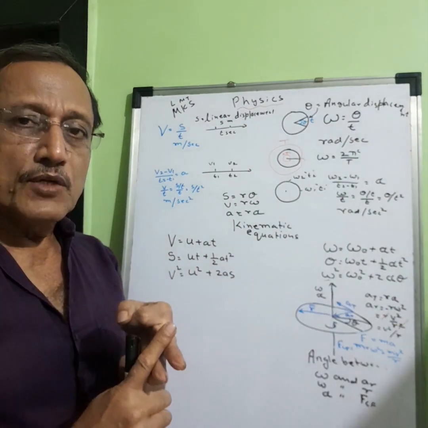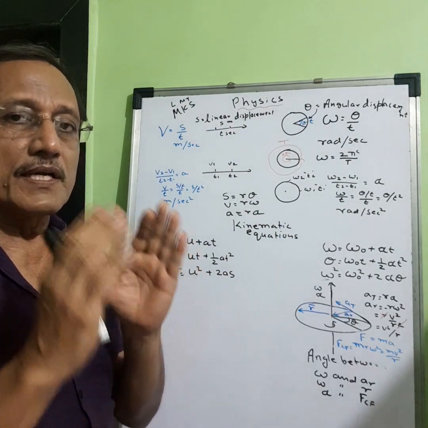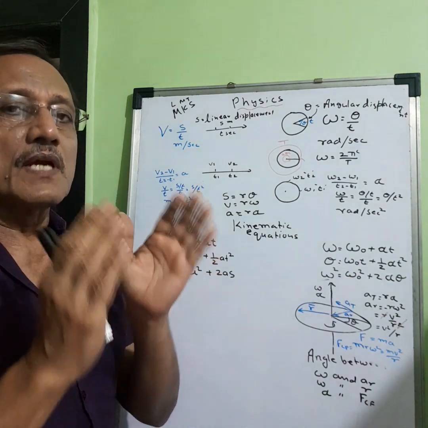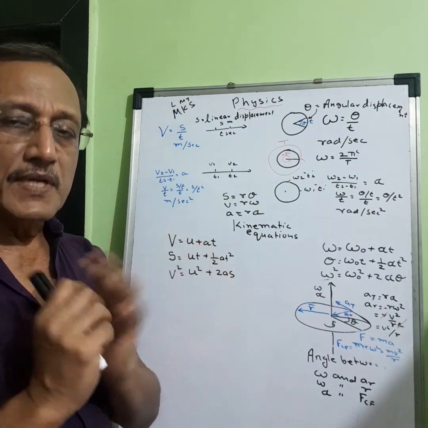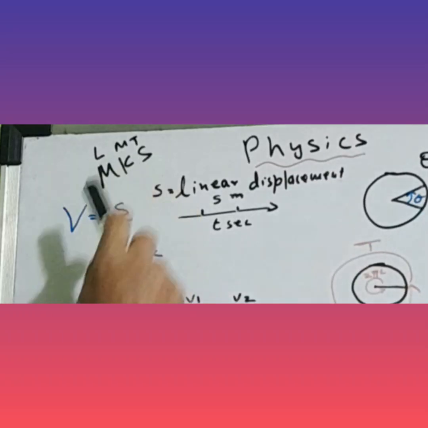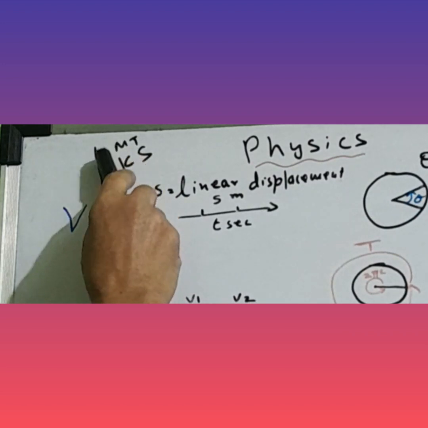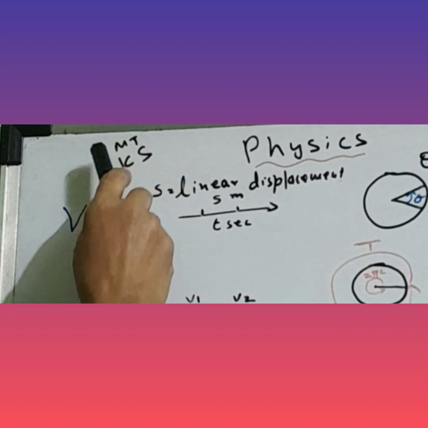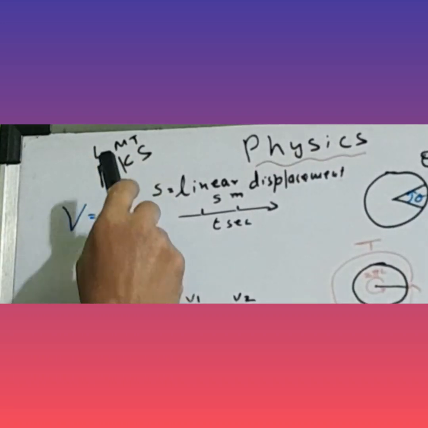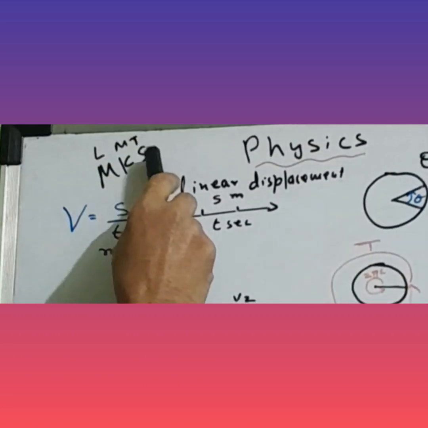Now what we use is SI. The SI system is basically the MKS system. In MKS, it is length, mass and time. Length is measured in meters, mass is measured in kg and time is measured in seconds.